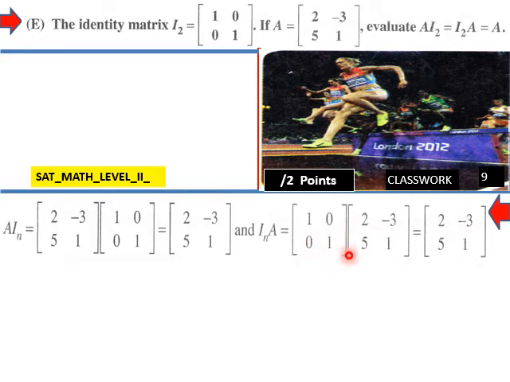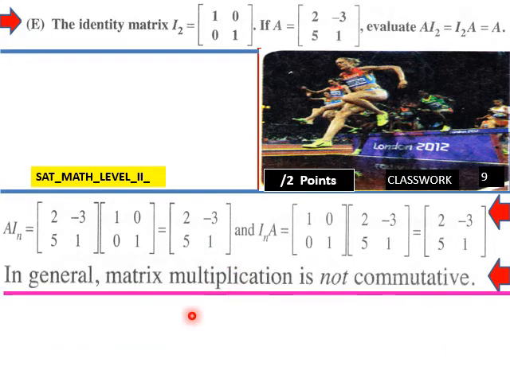And then 0 times 2 and 1 times 5 will give us 5. And then 0 times -3, and then 1 times 1 will give us 1. So it just shows that it is commutative with the identity matrix and the matrix that you gained your identity from. In general, matrix multiplication is not commutative.